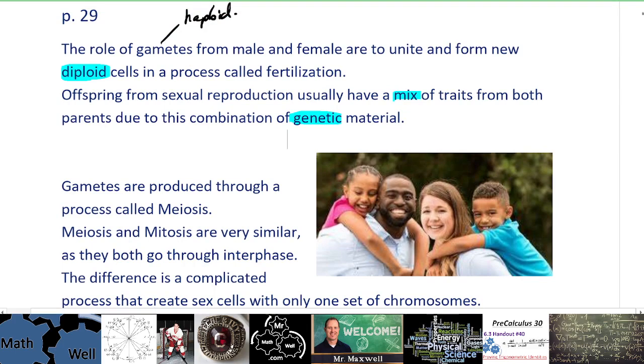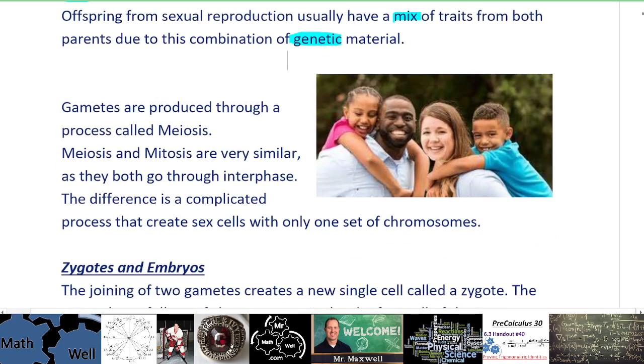So gametes are produced through a process called meiosis. Okay, so this is what meiosis is. It's the process in which gametes are produced. Mitosis and meiosis are very similar as they both go through interphase. So if you remember, interphase is sort of the longest portion of the cell cycle where it performs its regular functions.